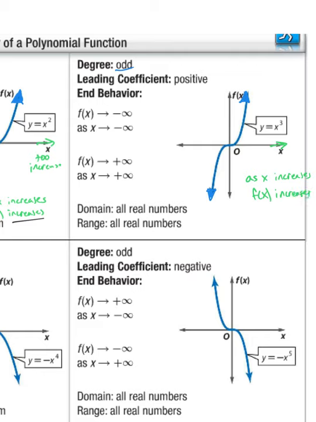The left part of this function, that's as x decreases, going towards negative infinity. So as x decreases, the function f of x, what's the blue arrow doing on this left part? The blue arrow is going down, so the function also decreases. So here, the end behavior, they were opposites. One end was decreasing, one end was increasing.